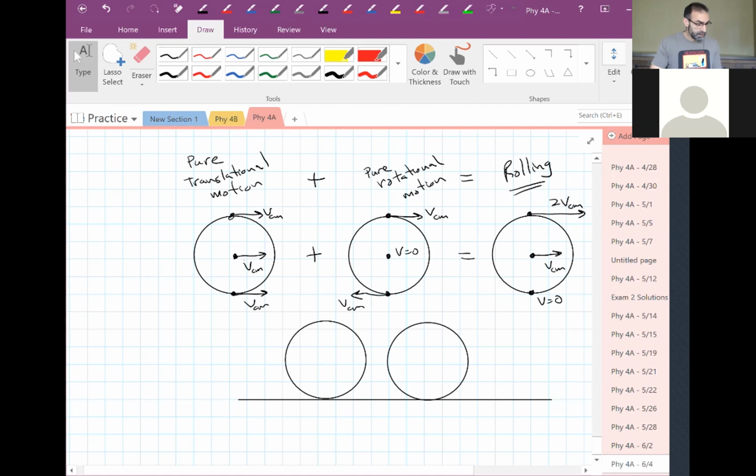I've got a wheel here. One side is in contact with the ground. So let's call that point A right there. Point A is in contact with the ground. And point B is up here somewhere.